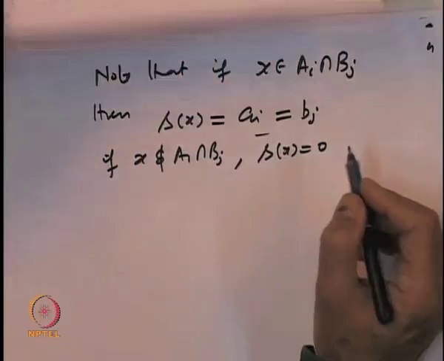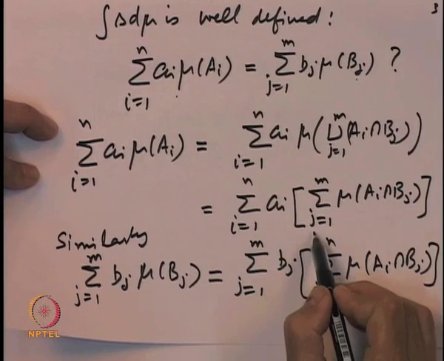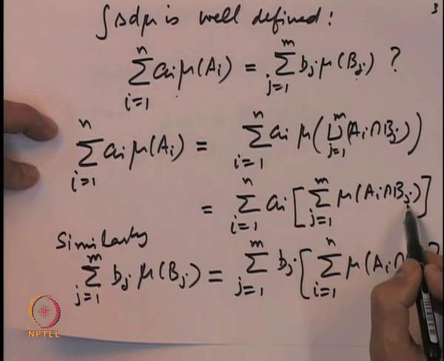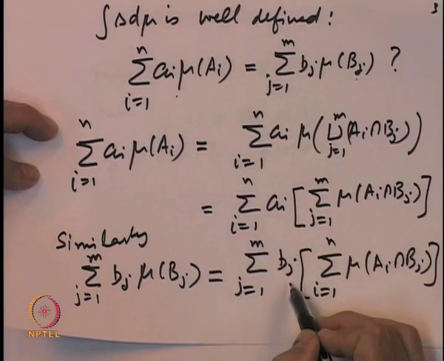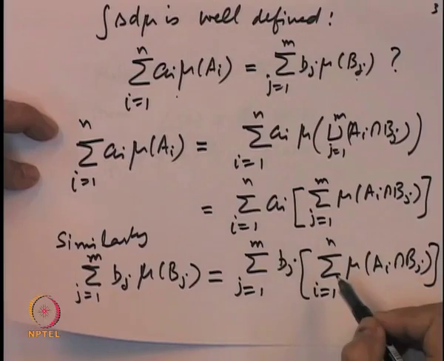So, that means in this summation, whenever x belongs to A_i intersection B_j, this a_i is going to be equal to b_j. Otherwise, in this sum that term does not matter.